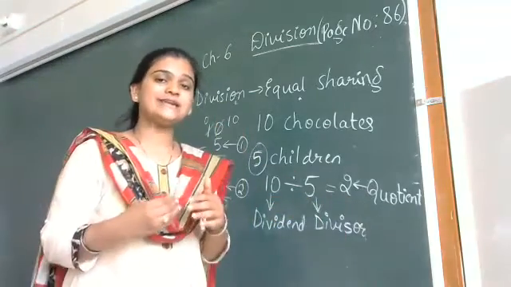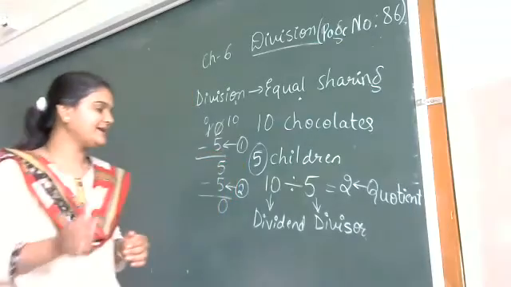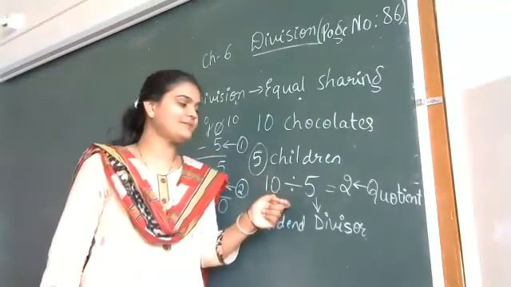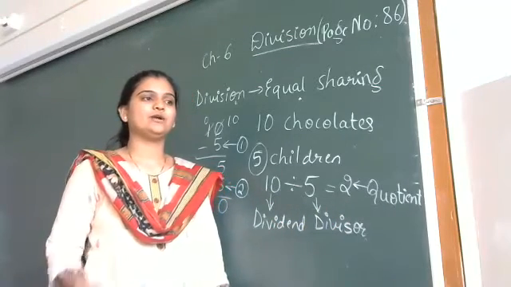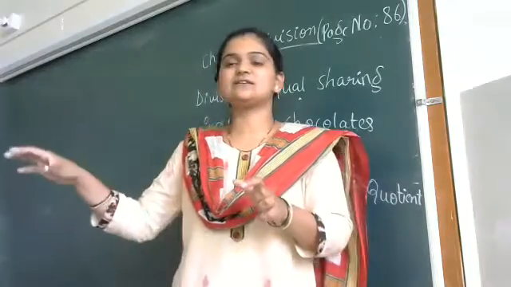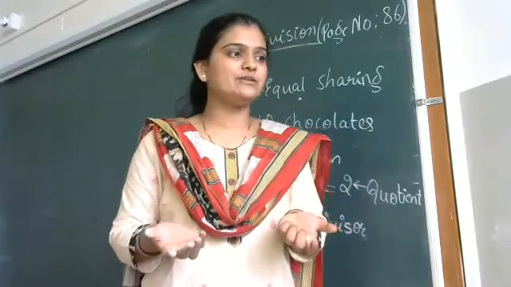While doing the division, what remains at the end is known as the remainder. Can you tell me what the remainder will be in this problem? 0. Very good. Nothing remains. We have 10 chocolates and 5 children, equally distributed. Does any chocolate remain with you?